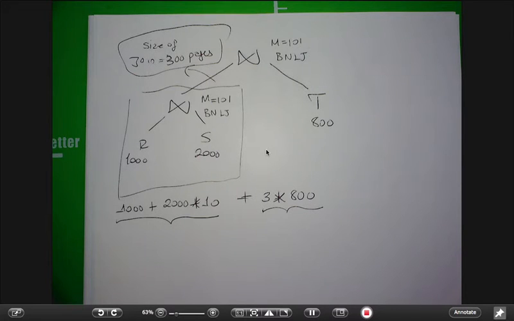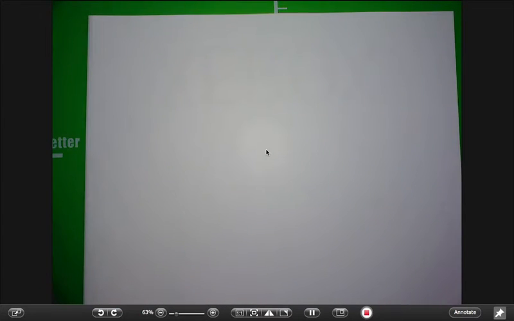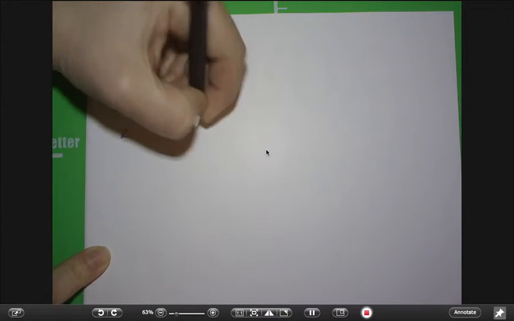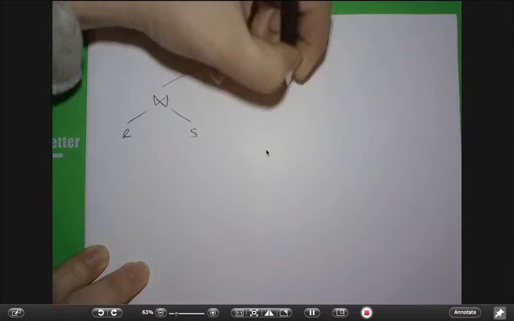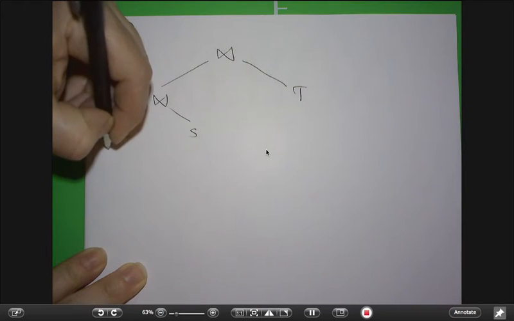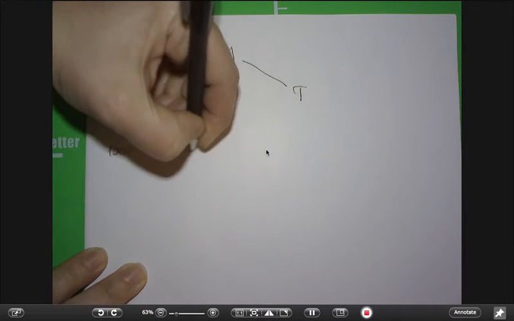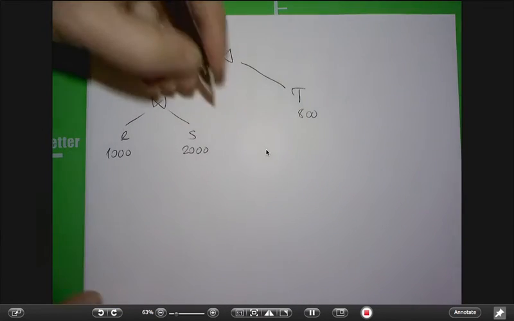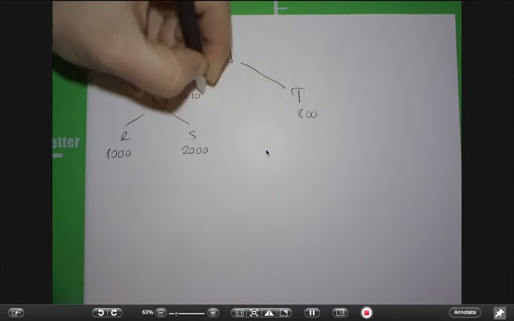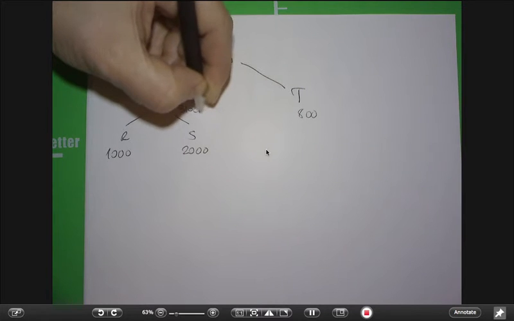Let me try to do the same thing, but in a slightly different way. I'm going to keep this one here, but I'm going to write a different way of doing the same thing. Now, this is not needed for your quiz, but I want you to think about how it changes when I have a different operator.